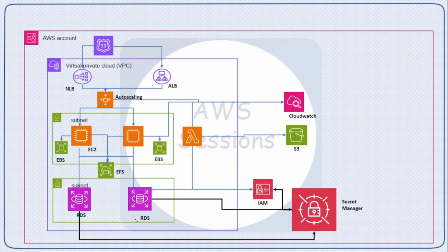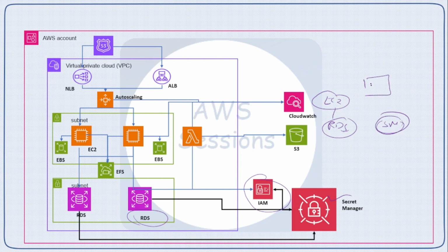Here we can see the RDS. We are storing our secrets here now, and we are allowing EC2. But here the IAM role needs to be updated, because earlier EC2 was talking directly to RDS, but now the RDS credentials are stored in a different service, Secrets Manager.